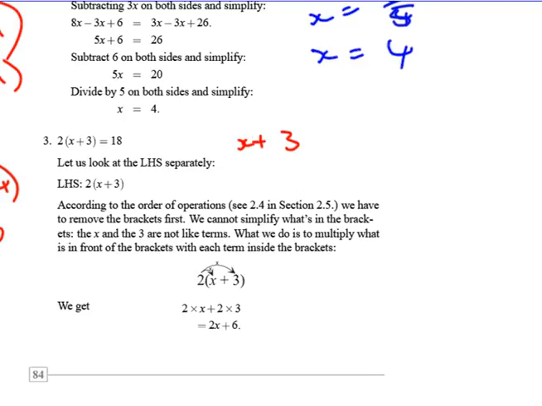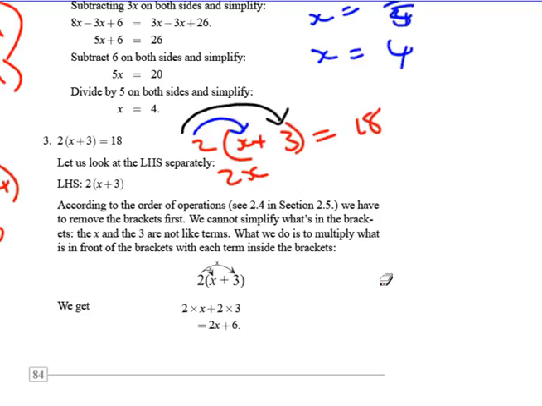So if I go to this question, x plus 3 multiplied by 2 equals 18. I can say 2 multiplied by x, and 2 times x is 2x. I can say 2 multiplied by positive 3, and that is positive 6, and that equals 18.